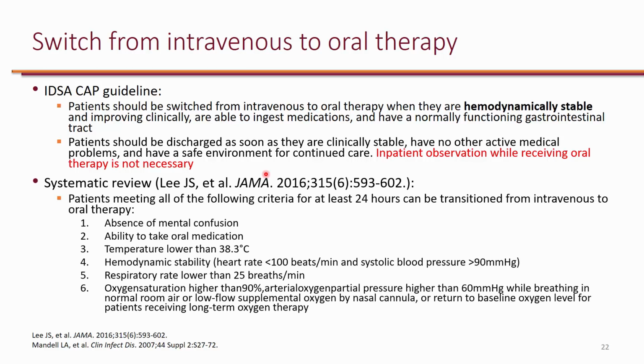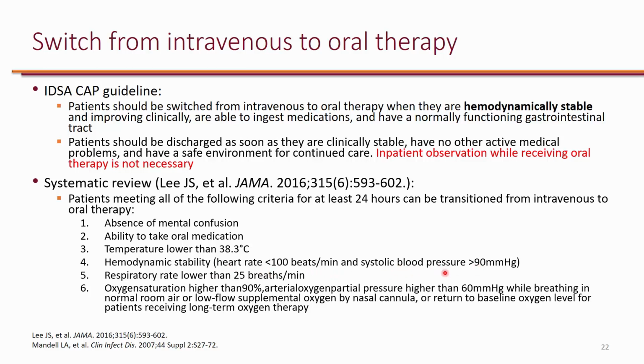There was a systematic review published in JAMA in 2016 that looked at the evidence for criteria helping transition patients from IV to PO. Basically: absence of mental confusion, ability to take oral medications, absence of fever, hemodynamic stability, which is defined as heart rate less than 100 and systolic blood pressure greater than 90.